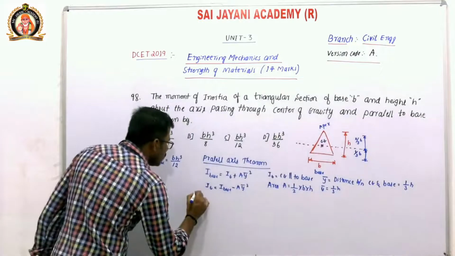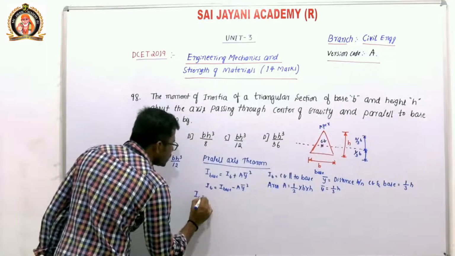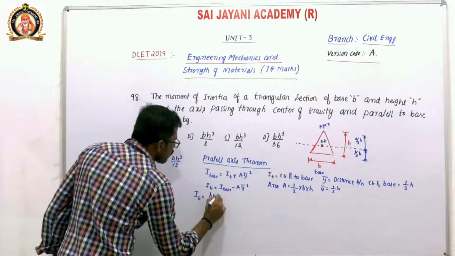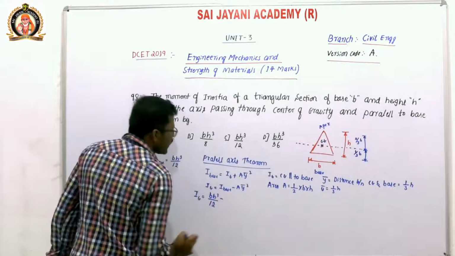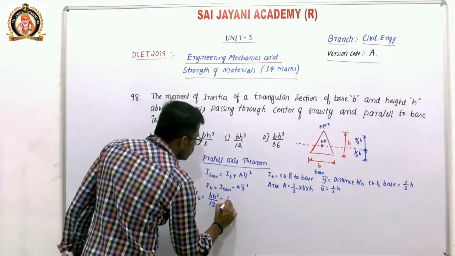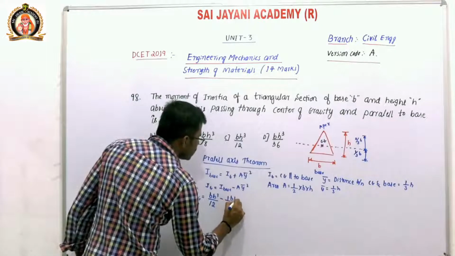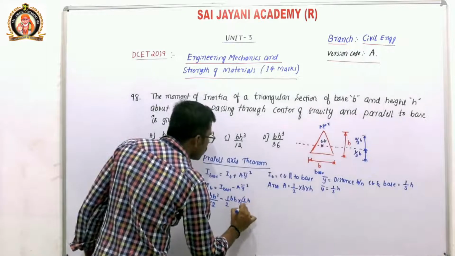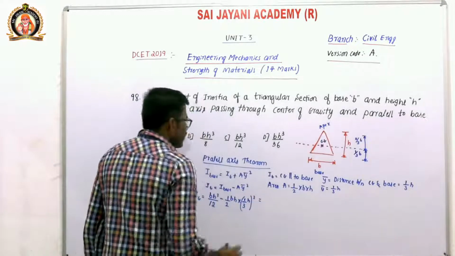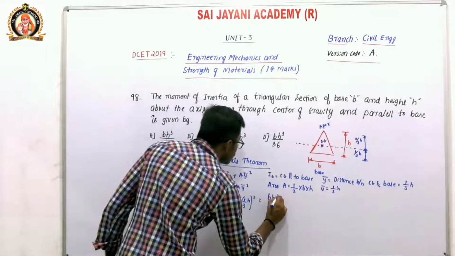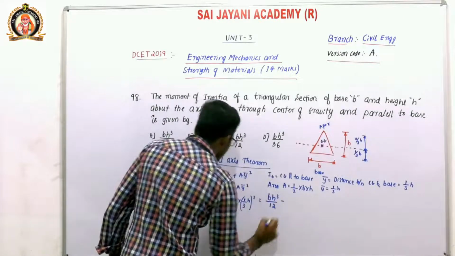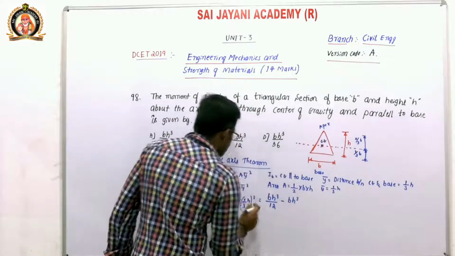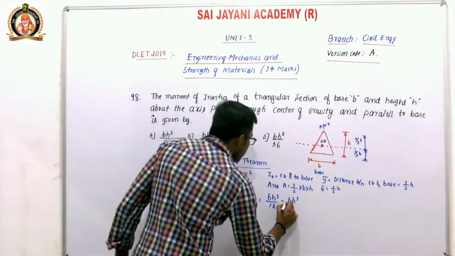By putting in these values, Ig is equal to the moment of inertia about the base, BH cube divided by 12, minus the area, half into base into height, into 1/3 of H whole square. So we get BH cube divided by 12 minus BH cube by 18, since 3 squares are 9 and 9 twos are 18.